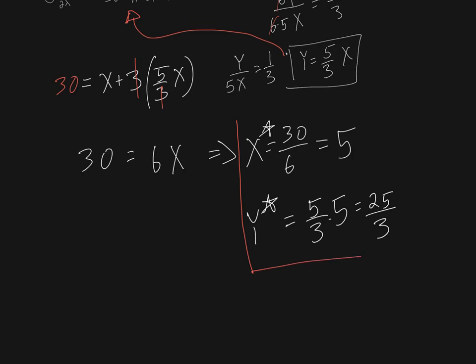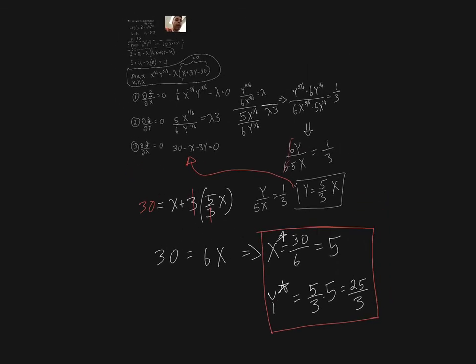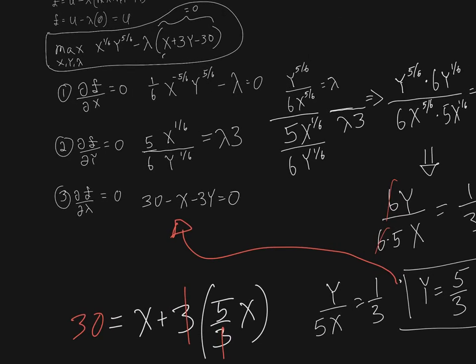We have found the best feasible bundle. And we know this is the best feasible bundle because this combination of x and y satisfies both of the first two first-order conditions, which we know it satisfies because both of those satisfy this equation down here, that y is equal to 5/3 x. And we also know that it satisfies the third first-order condition, the budget constraint, because we just plugged it into the budget constraint.